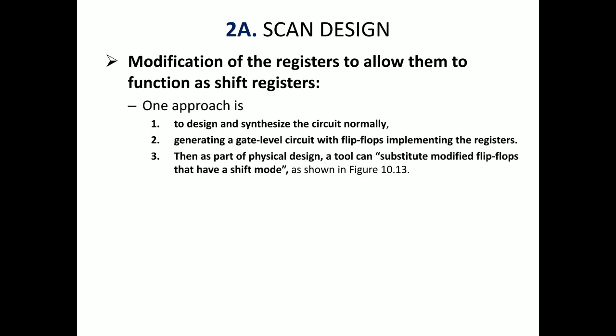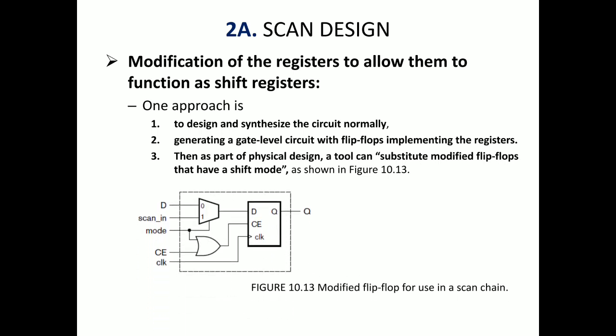Okay, how the modified flip-flop will look like this. We can see in the figure there are two parts. One, the block in the dark rectangle, you can see a D flip-flop is there, D input, clock input, Q output, along with a CE. That CE is nothing but an enable signal. You can also observe there is a multiplexer.